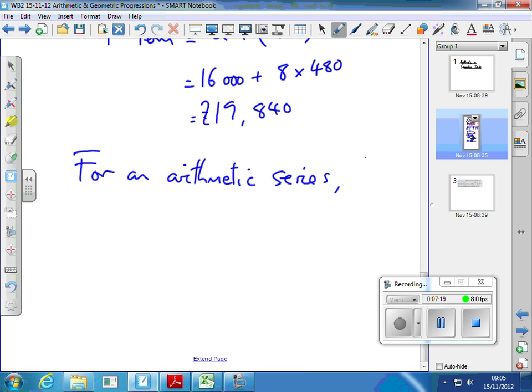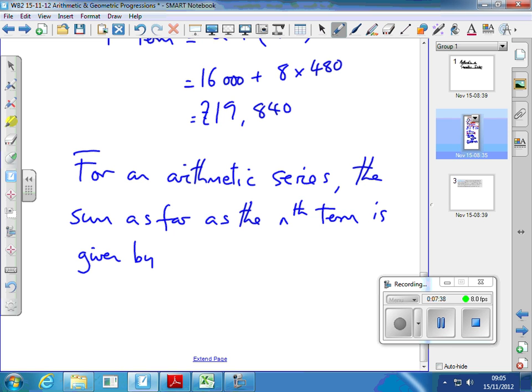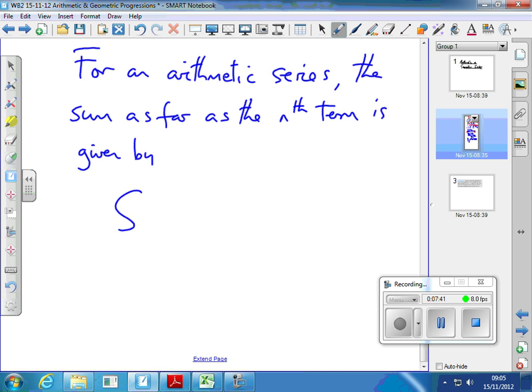the sum, as far as the nth term, so in other words, we always generalize here, the sum as far as the nth term is given by S for the sum, as far as the nth term, so S subscript n equals n over 2 brackets 2a plus n minus 1d.